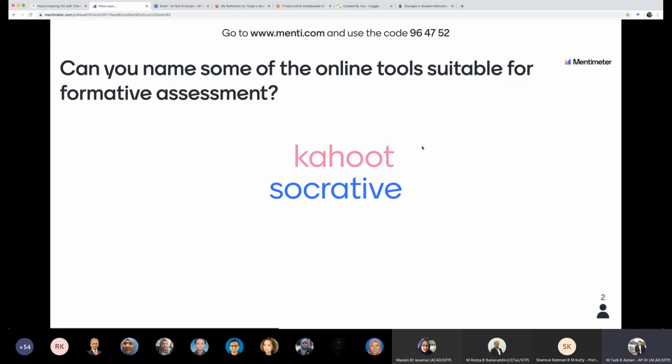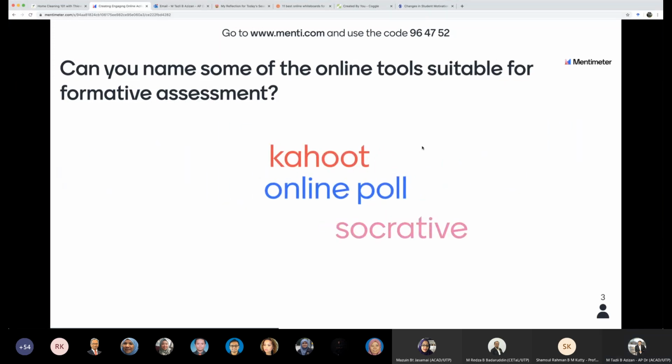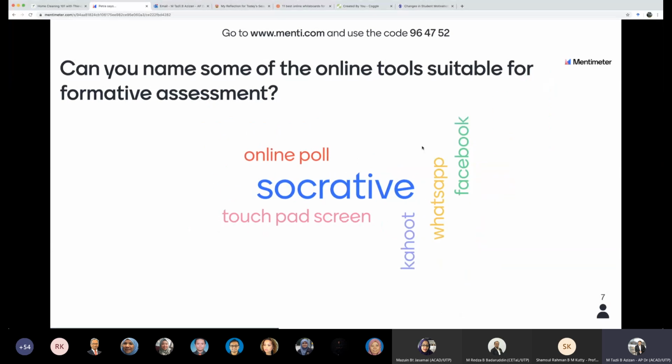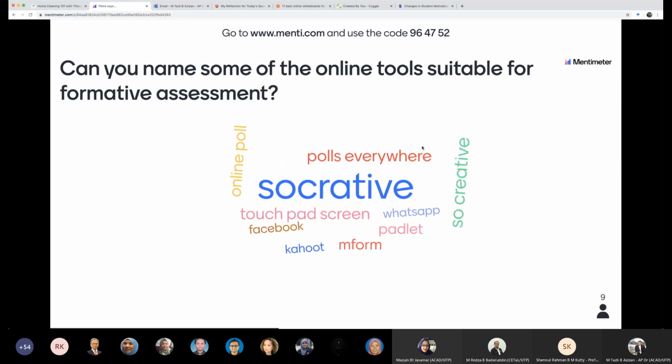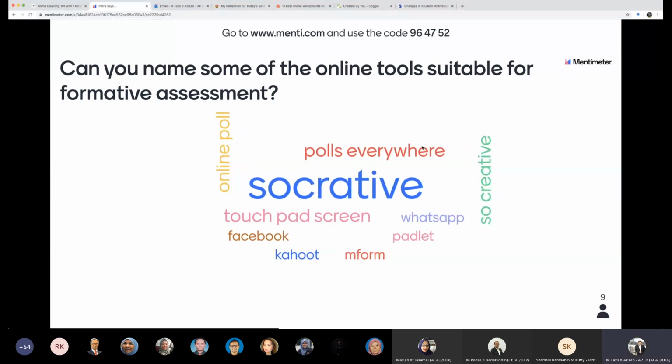You have Kahoot, Socrative, online poll, right? WhatsApp, Facebook, polls everywhere. Touchpad screen. Interesting.